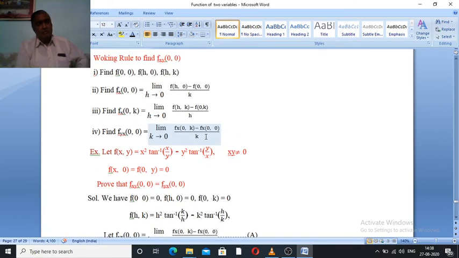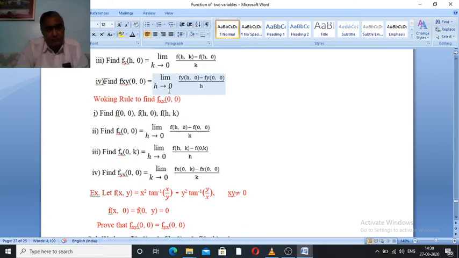Second working rule, f_yx(0,0). Find f(0,0), f(h,0), f(h,k). Find first order partial derivative with respect to x at origin is equal to limit h tends to 0 of f(h,0) − f(0,0) upon h.